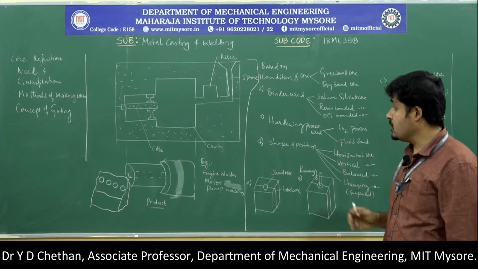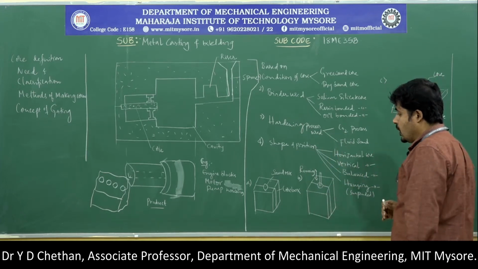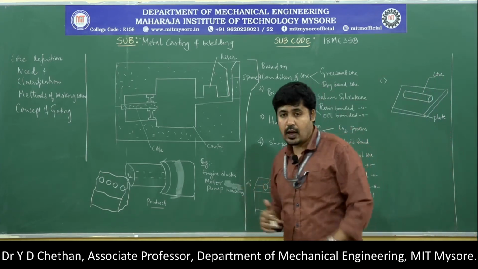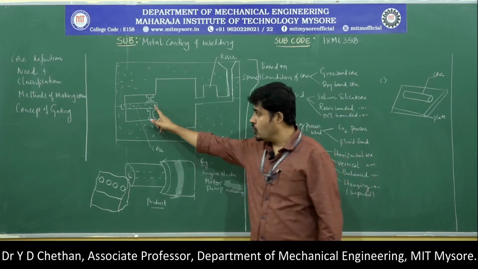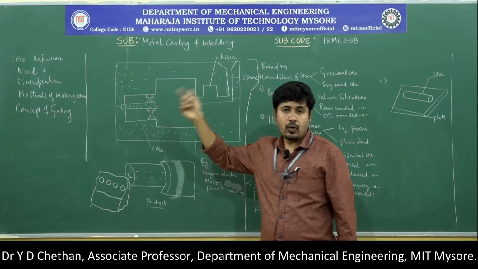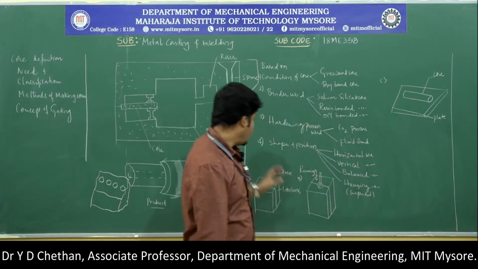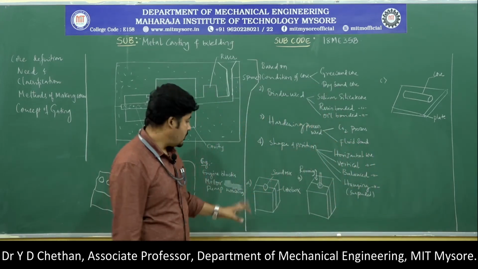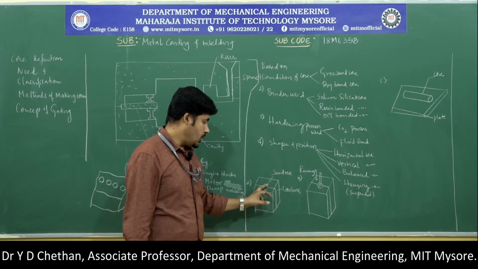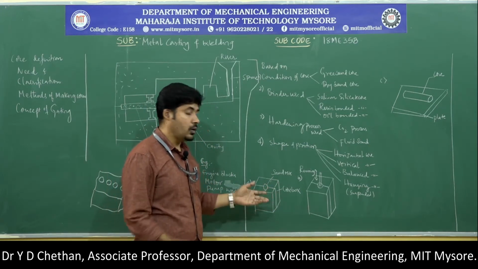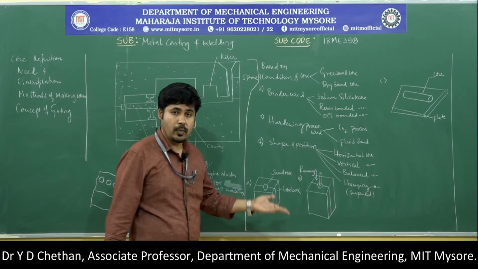The next one is methods of making cores. How can we manufacture this particular core, which is used in the mold cavity to get the hollow shape of the final product? Here we have a core box, which has the negative replica of the product to be manufactured.